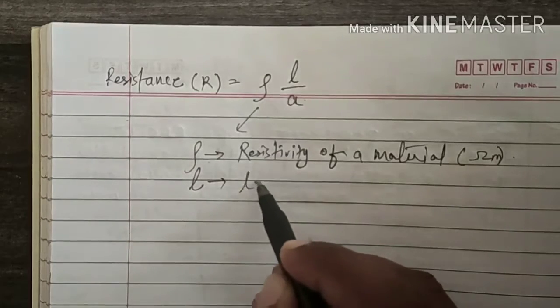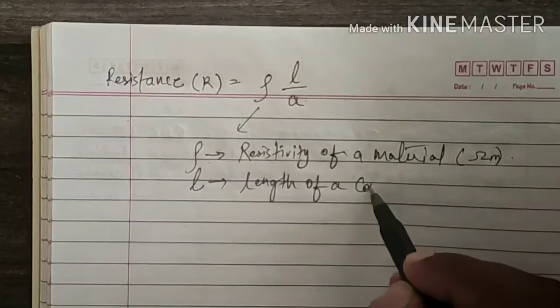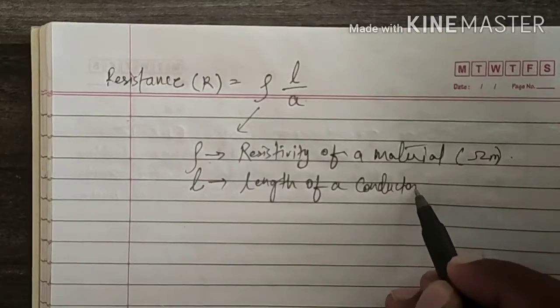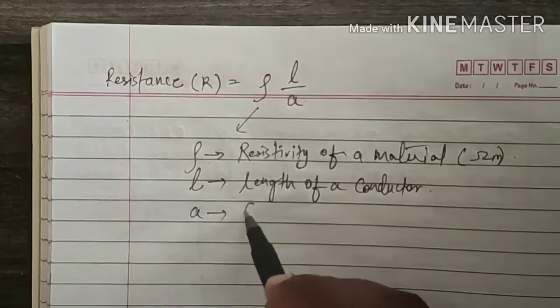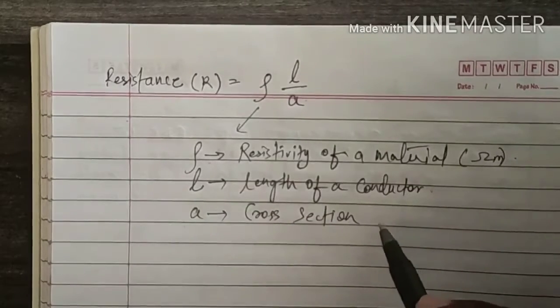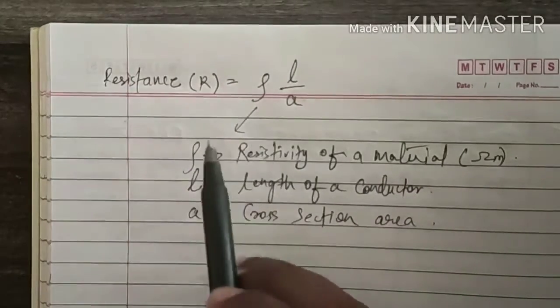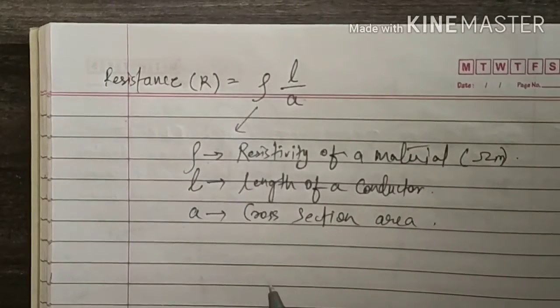L denotes the length of the conductor, and A is the cross section area. So this is the important formula of resistance.